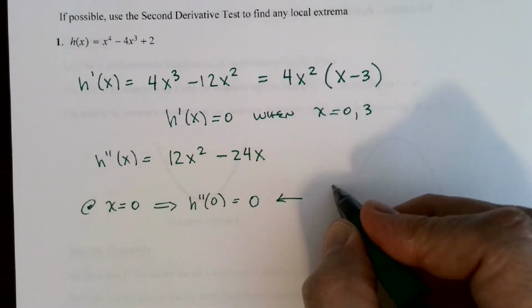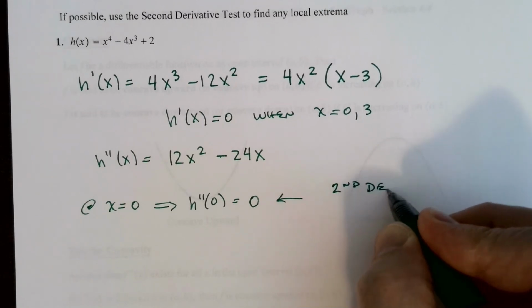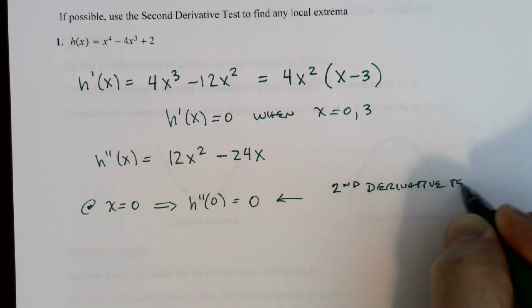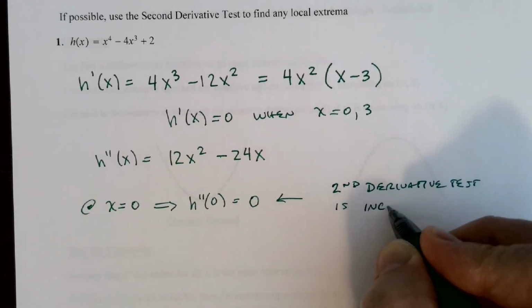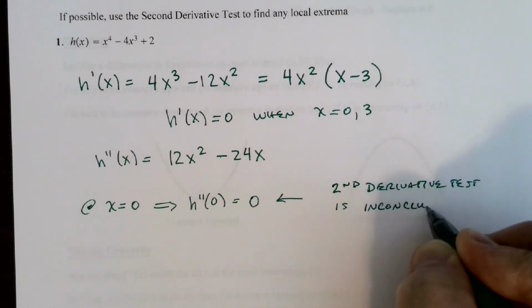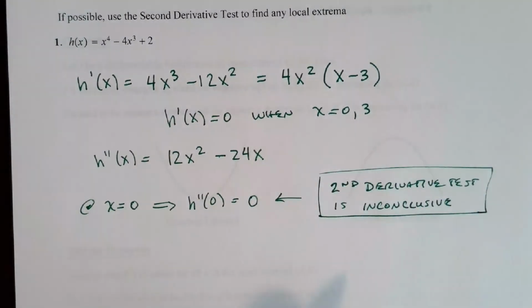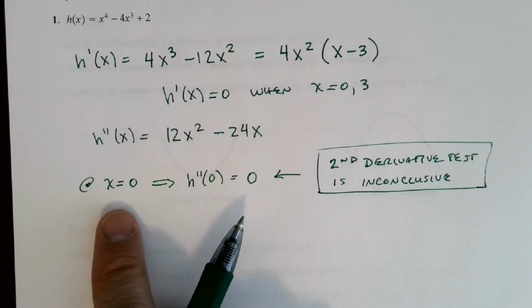The second derivative test is inconclusive. I would have to use the first derivative test to determine what's going on at x equals 0.